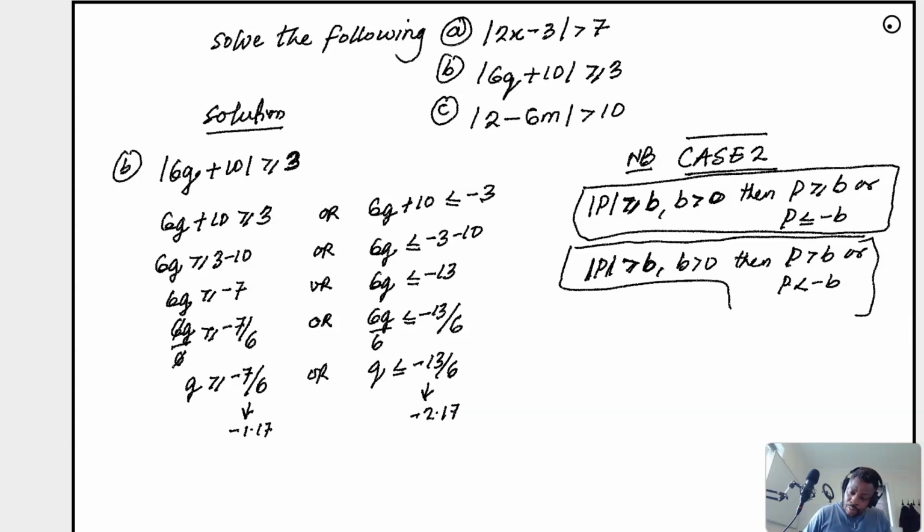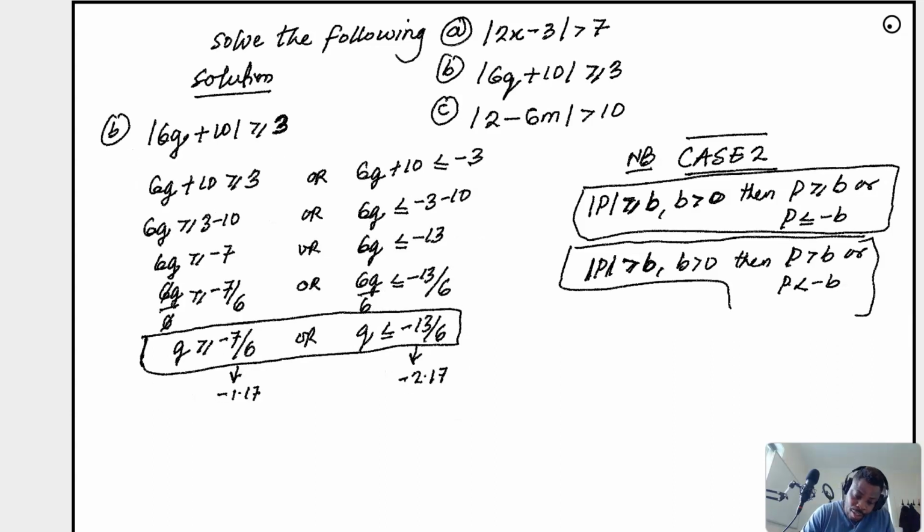Okay. So now, this is our inequality solution. Since this is our inequality solution, let's see how to get our interval notation solution. We put this on a number line.